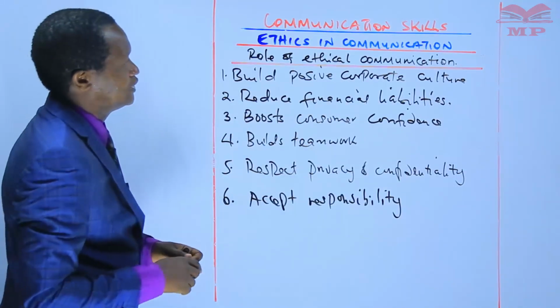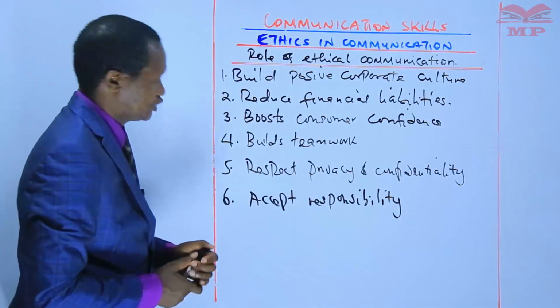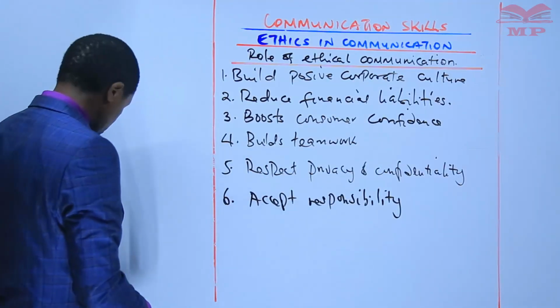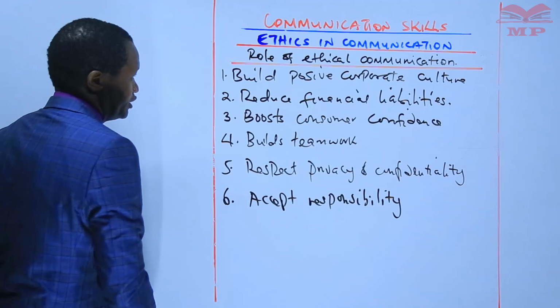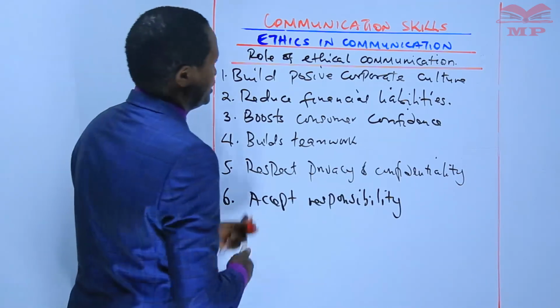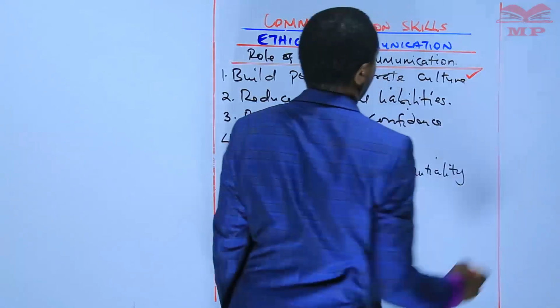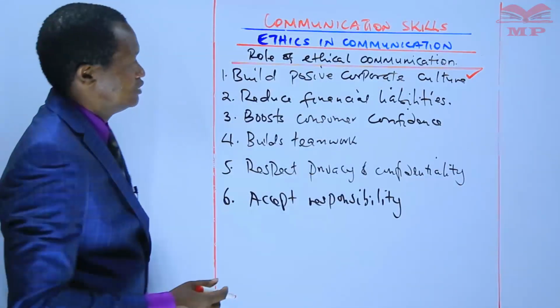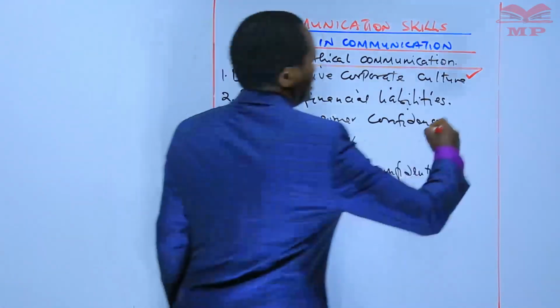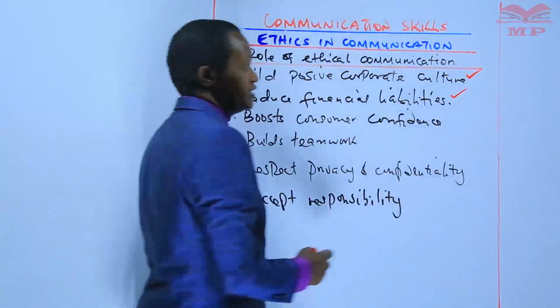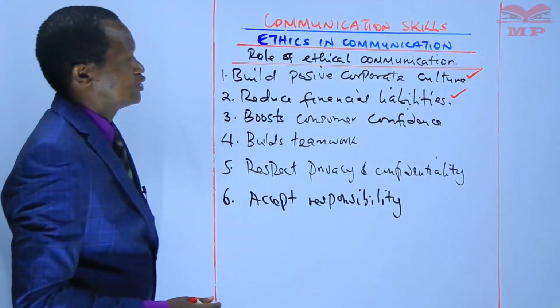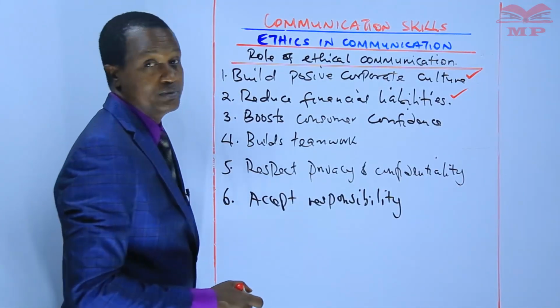So these are 6 roles of ethical communication. The first role is that ethical communication helps build corporate culture. Number 2, reduces financial liabilities. We gave an example of where a customer or a client is not responded to in time.